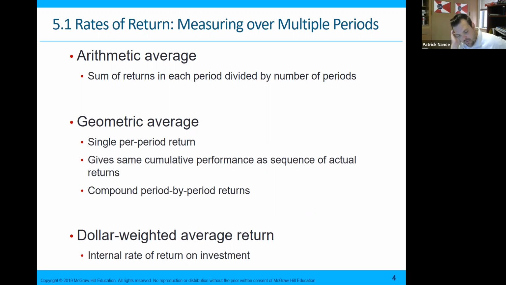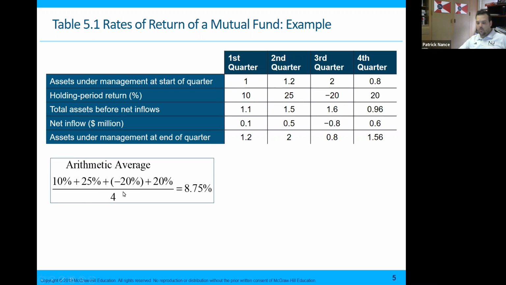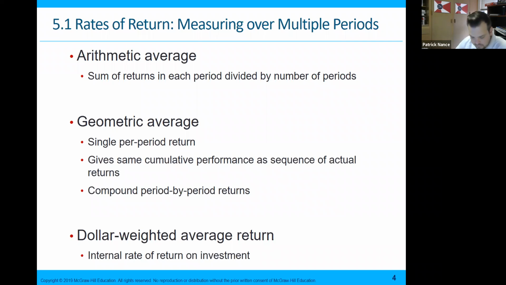The example that it gives in the book, in table 5.1, we have a 10% return, then a 25% return, then a 20% decline, and then a 20% increase. If we take that and divide by 4 years, that's my arithmetic average, which would be 8.75%.